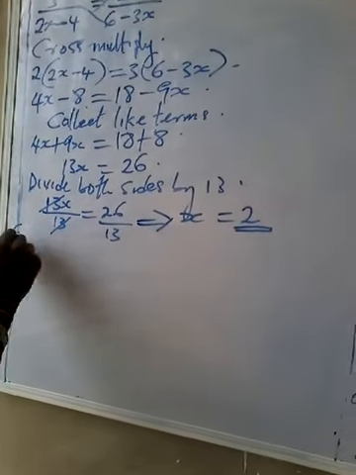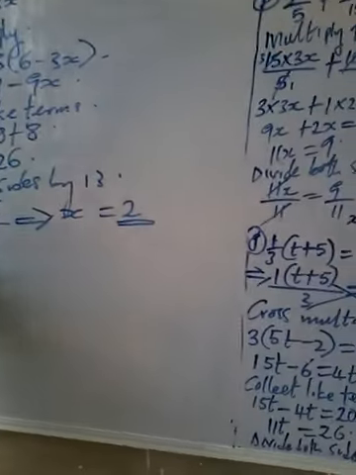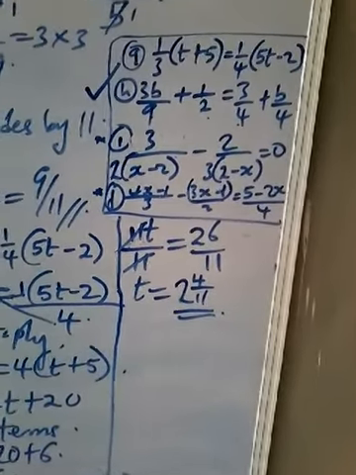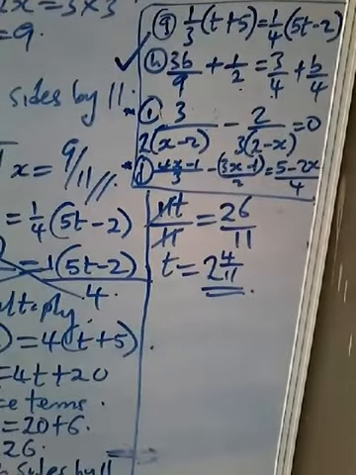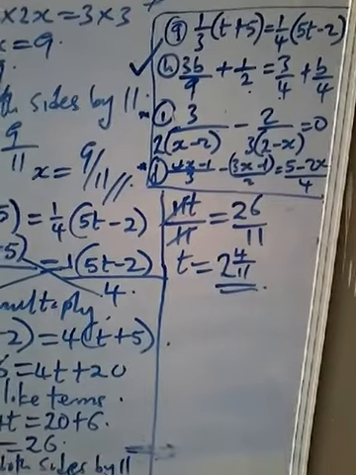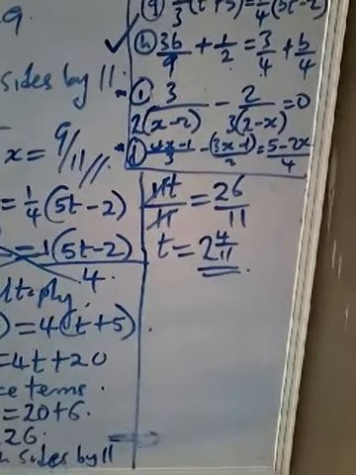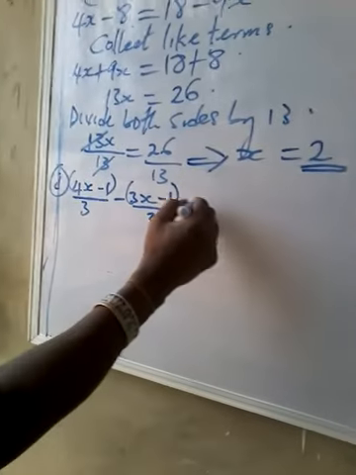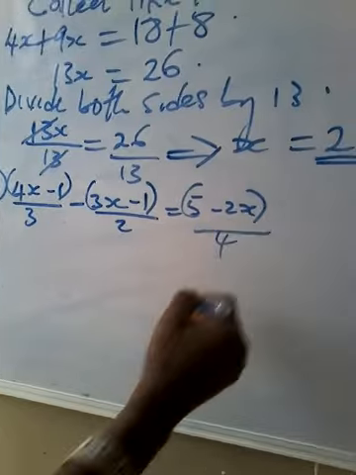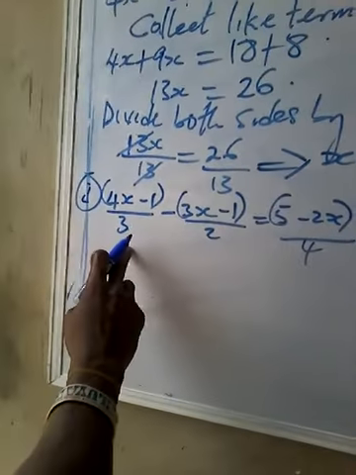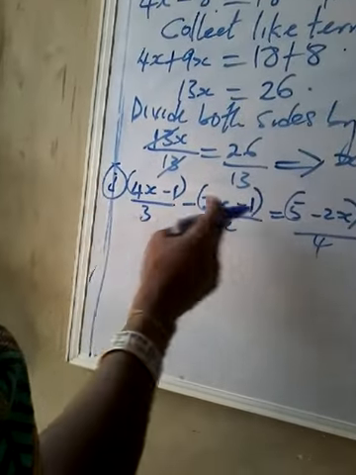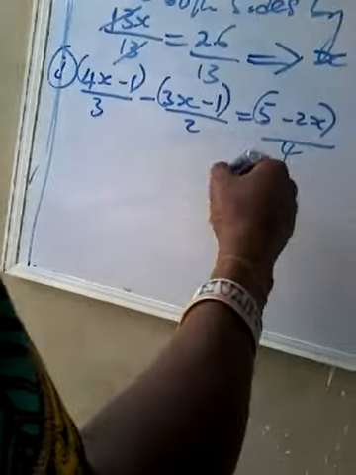So letter j says 4x minus 1 all over 3 minus 3x minus 1 all over 2, then in brackets, is equal to 5 minus 2x all over 4. Just multiply through by the LCM of 3, 2 and 4, which will be 12. Multiply through by the LCM and then you cut like we have done earlier and then you get your answer.